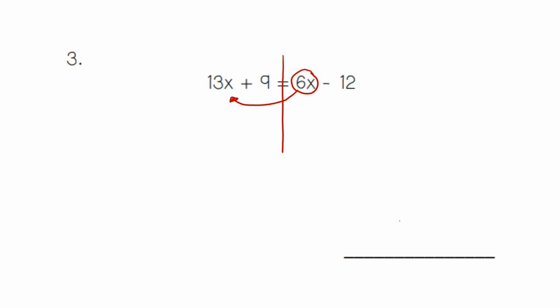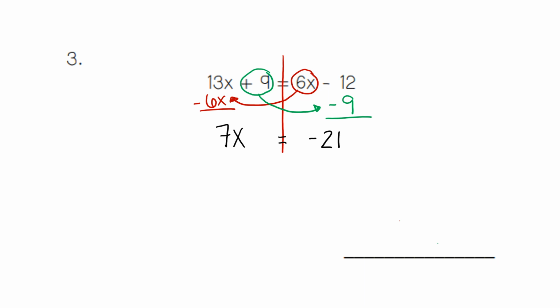When we move 6, it's going to change to a negative 6. 13 and negative 6 gives us a value of 7, so 7x. Just as we move the variable, we're also going to move the whole number. So positive 9 will change to a negative 9 when we move it. Negative 12 and negative 9 give us a value of negative 21.